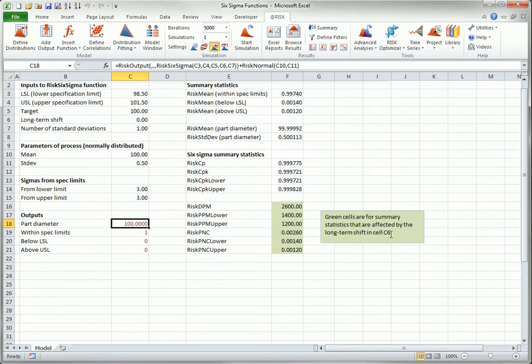Here is an example where I will change the mean to 100.5 and the standard deviation to 0.75. Now I will rerun the simulation.